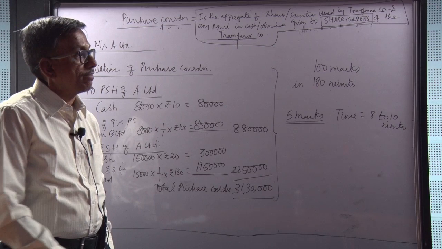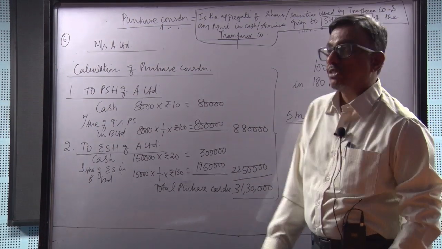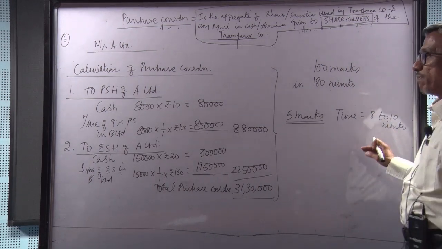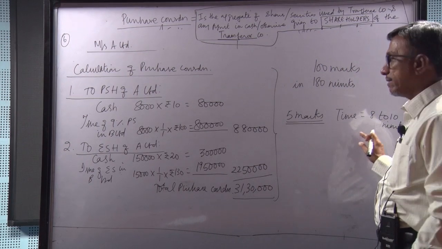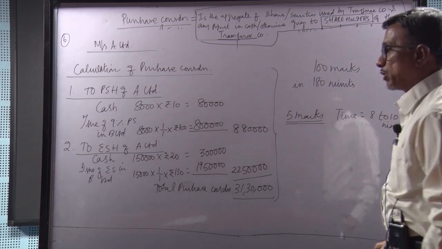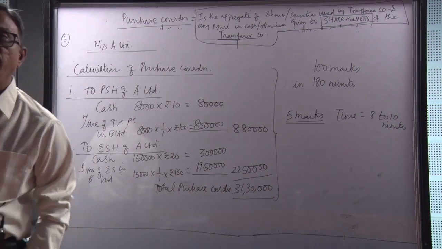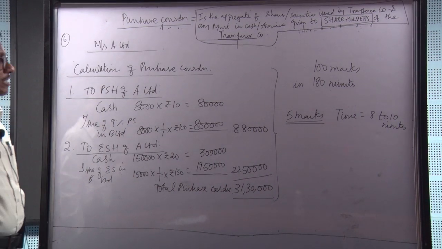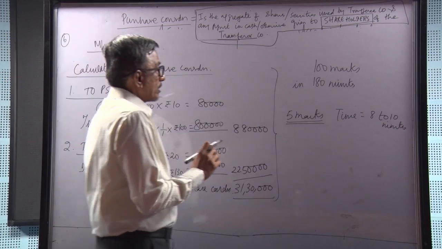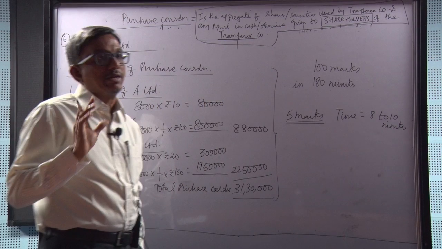If you attempt 100 marks in the exam, you will surely get minimum 60 marks in not only this paper, every paper I can tell you that. So in order to be able to attempt 100 marks, you should have good practice, good speed, that is very important. So you keep this simple yardstick. If a question carries 5 marks, I should finish it off in maximum 10 minutes.